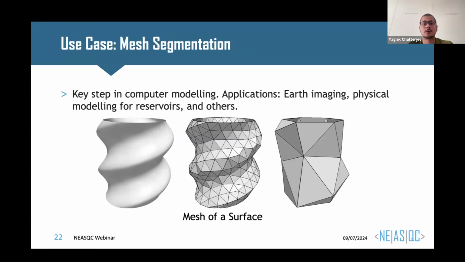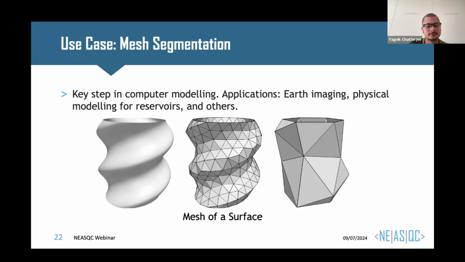Okay, so that was about the LogQ algorithm, and what basic problems you can solve by using it. And now I go to the use case, under task 5.4, where we had to do mesh segmentation. So firstly, what is a mesh?